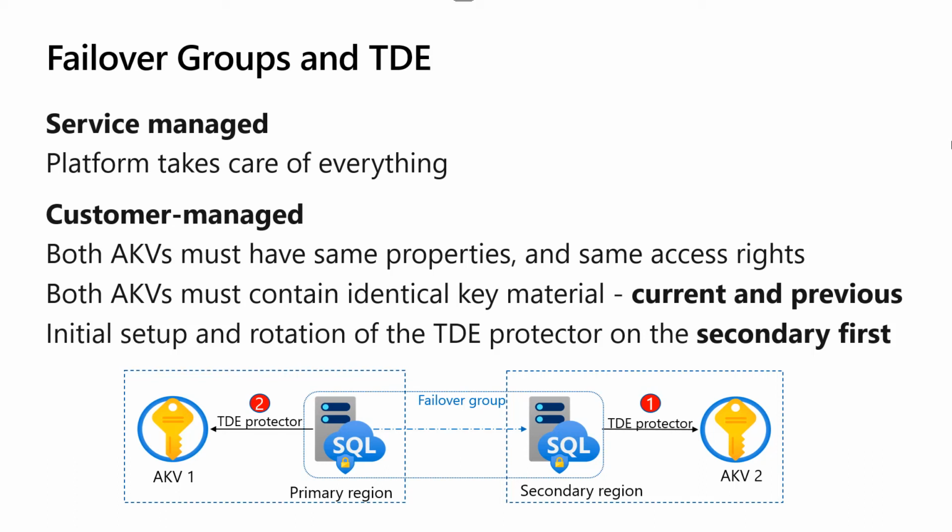One is rotating the keys in the customer managed TDE scenario, and the other is if you are leveraging your on-premises networking infrastructure and you can unintentionally break connectivity on some of the firewalls in your network, basically blocking the replication between the instances in the failover group.